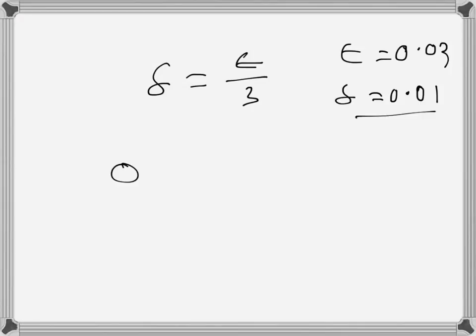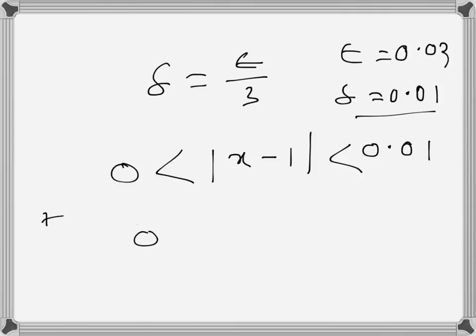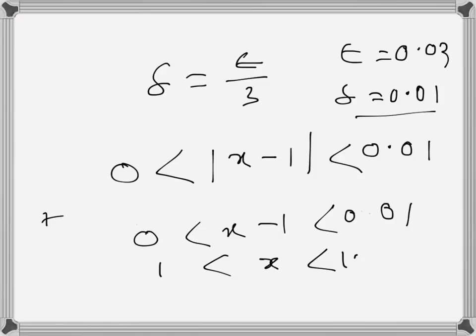So we now have the magnitude of x minus 1 less than 0.01. From here we can get the range of x, the domain of x basically. First we can take the plus sign, so it becomes x minus 1 equals 0.01, so this is 1 here, x here, 1.01.